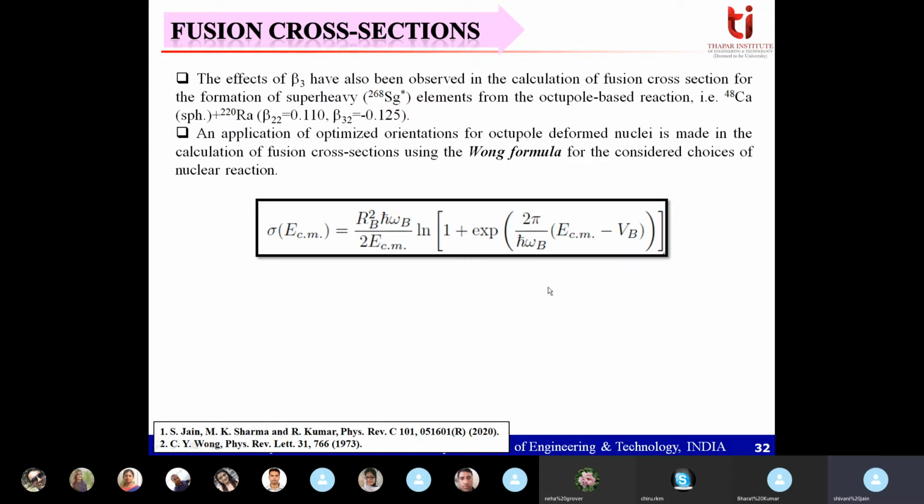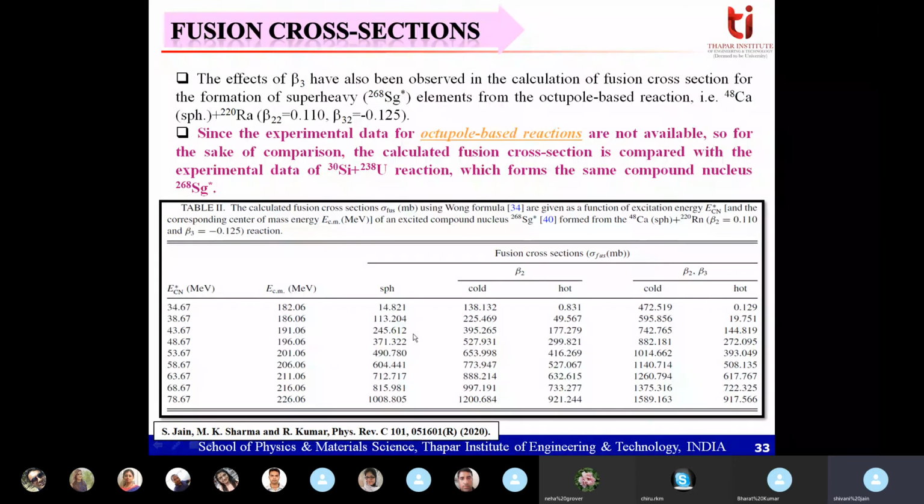Now in this table you can see that we have calculated the cross sections for this reaction for its spherical configuration, for beta 2 for both the cold and hot configuration, and also for beta 3.